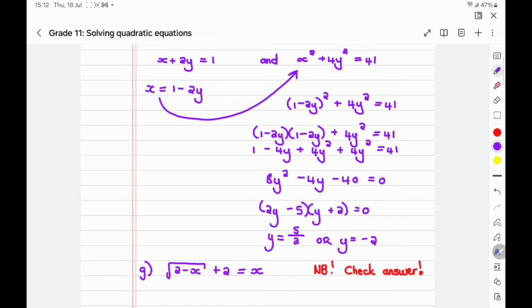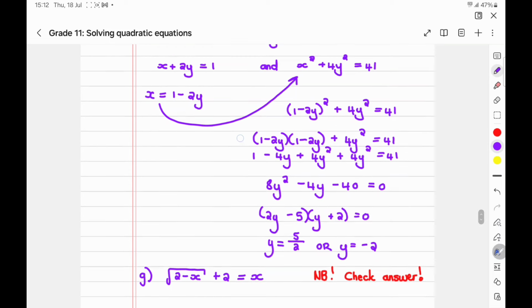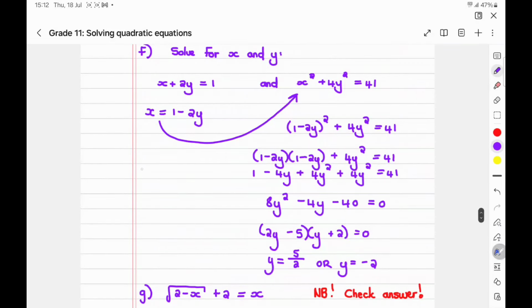Just want to quickly check. Yes, 5 over 2. All right, and then I'm going to take the easiest one here, and we need to go and replace the y in our equation. And I'm going to use this one over here. x is equal to 1 minus 2y. So x is equal to 1 minus 2 times 5 over 2, which is going to give me 1 minus 5, which is x is negative 4.